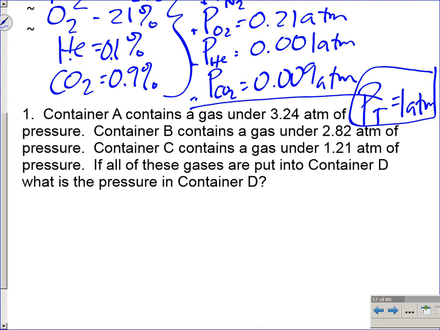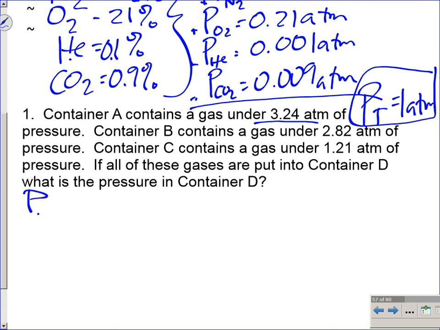All right. Container A contains a gas under 3.24 atmospheres of pressure. Container B is under 2.82. Container C is under 1.21. If all these gases were put into container D, what would the pressure be of container D? What do you think you should be doing here? Okay, writing down the given.